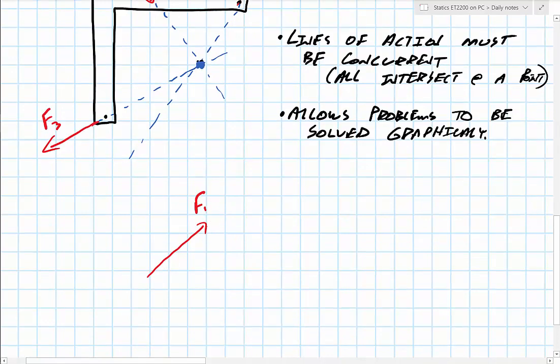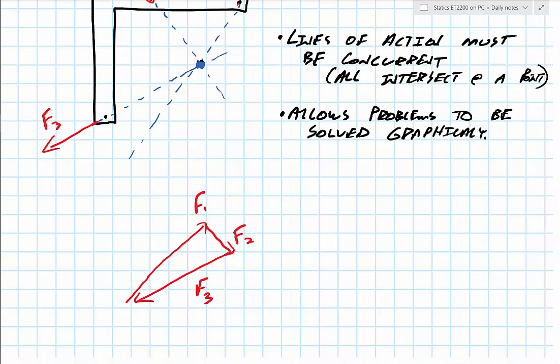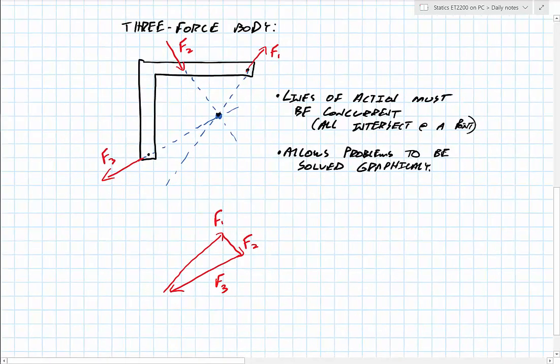I'm going to add these head to tail, F2, and then I would have F3. And it ends up, although I didn't do a very good job here, it ends up forming a triangle, and then you can use all sorts of geometry and trigonometry in order to solve these things.